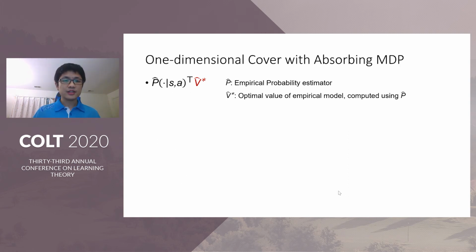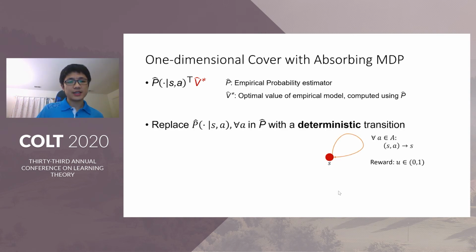Okay. So in more detail, our construction for the net is like this. If we look closely at this probability transition, in order to obtain this value function, we basically solve the empirical MDP. So in order to obtain independence from this probability transition, we can replace it with another deterministic transition.